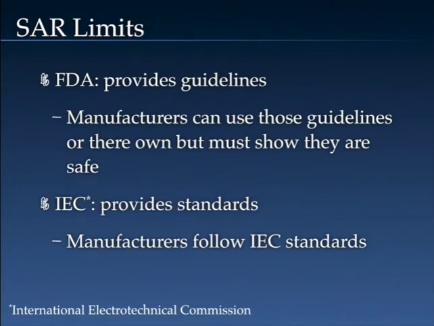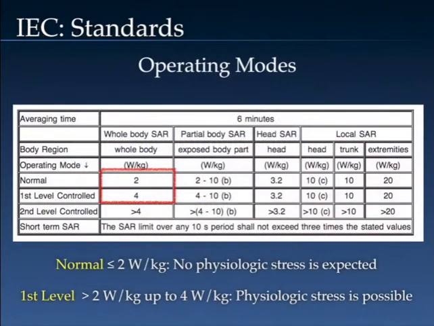The IEC standards break the RF power deposition into operating modes. The two clinical operating modes, which we can operate in clinically, are the normal operating mode and first level controlled mode. In the normal operating mode, the whole body SAR is to be less than or equal to 2 watts per kilogram, and at this level, no physiologic stress is expected.